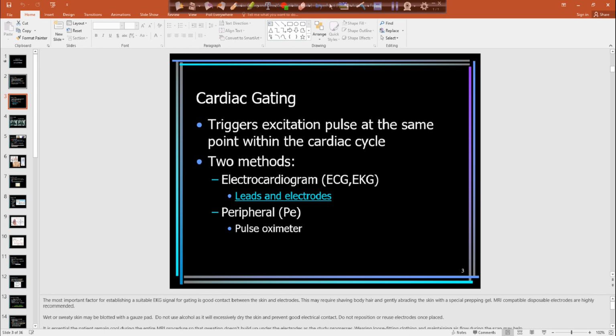Usually it's delayed a little bit because we have now gone from the heart to the periphery, so we wait a little bit longer because it takes a little while for the blood flow to get from the heart to those capillary beds. So we'll talk about that.